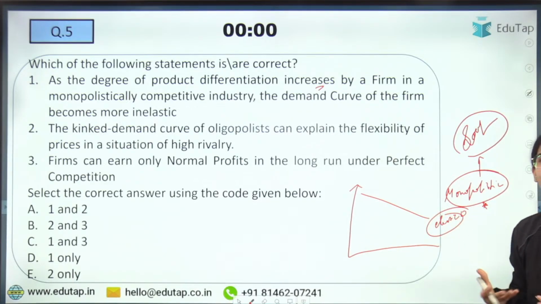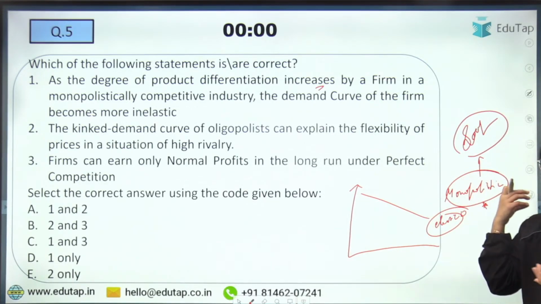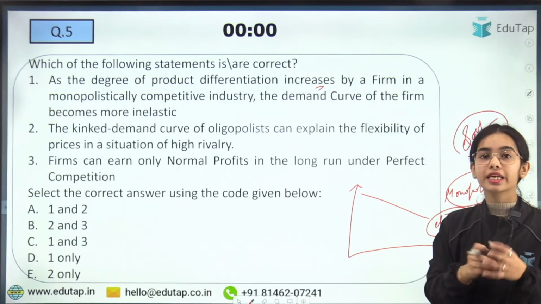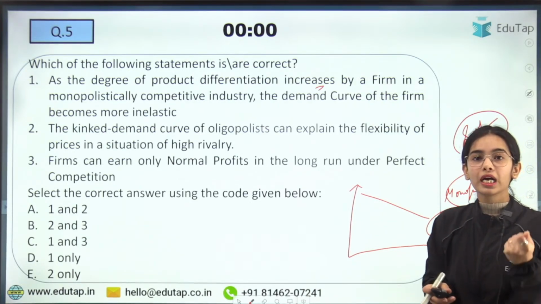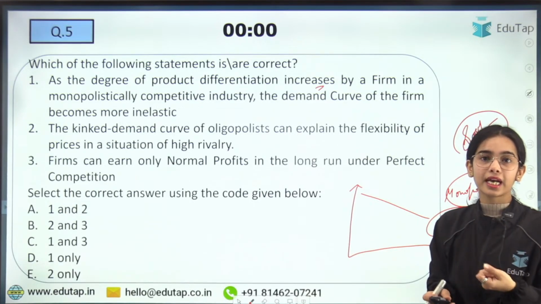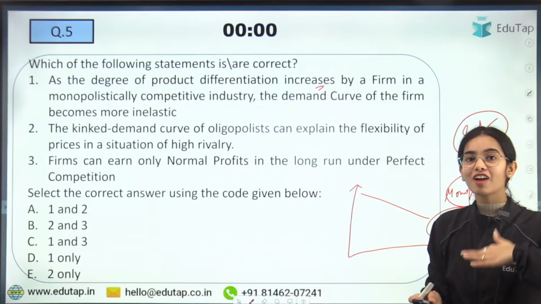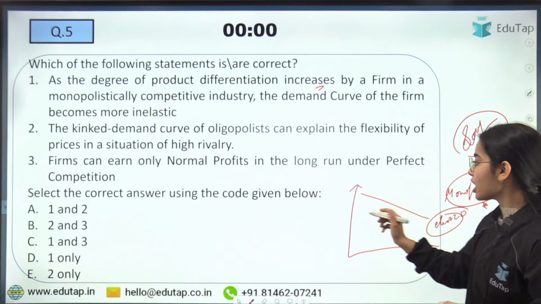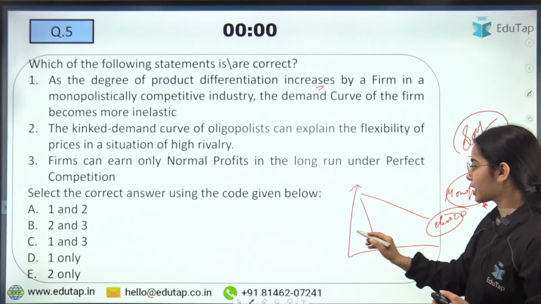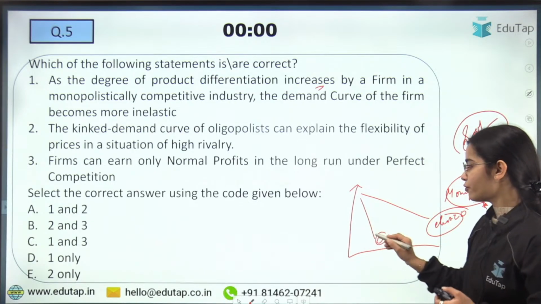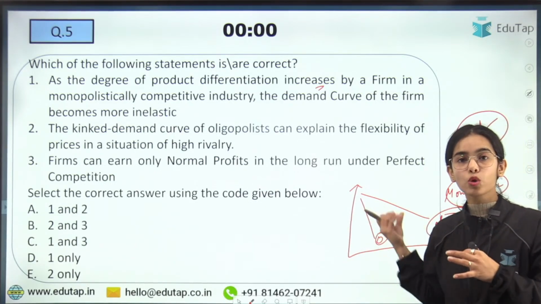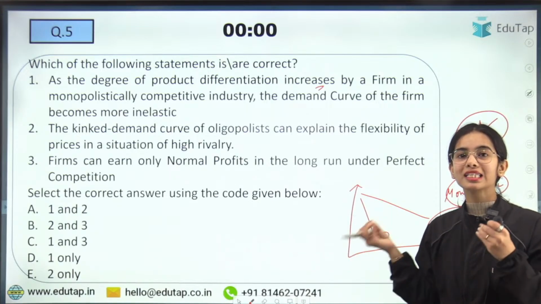Now, as the product differentiation is increasing, let's say Lux is developing a new kind of soap or a new kind of material. So they have more product differentiation, and their demand curve will become inelastic.